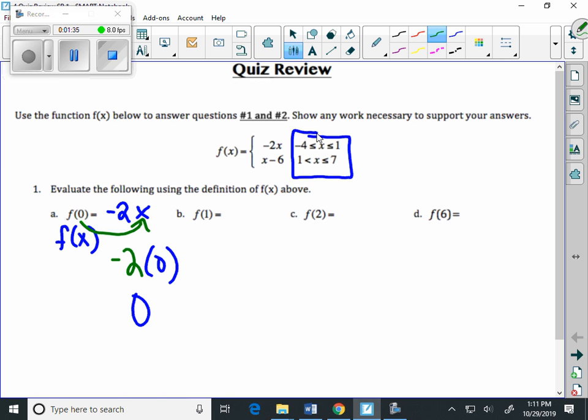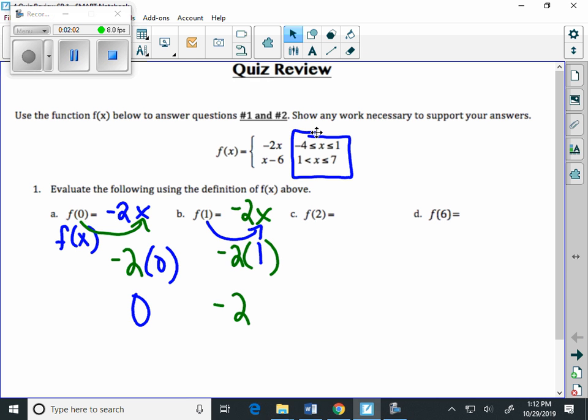It says x is less than or equal to 1 in that top piece. So once again, we're going to use this function of negative 2x. We're going to take that value of 1 and put it back into our equation wherever we see x. So it's negative 2 times 1 this time, and negative 2 times 1 is negative 2.